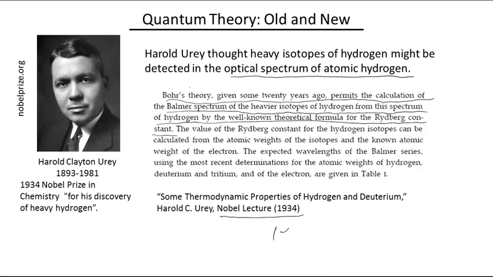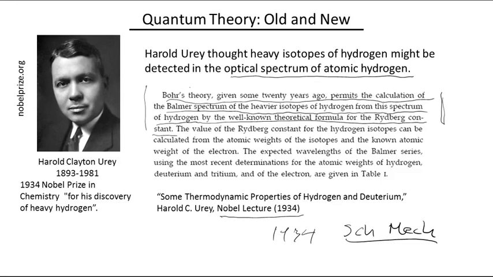So even though by this time, 1934, we had Schrödinger mechanics, and Urey was the first American author of a monograph-type textbook on quantum mechanics, very familiar with the subject, he preferred to describe to the general audience the plausibility of his idea in terms of Bohr's well-accepted theory.